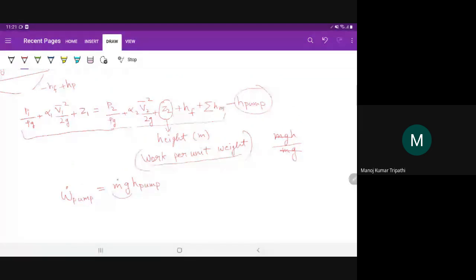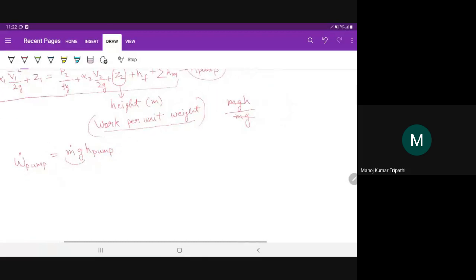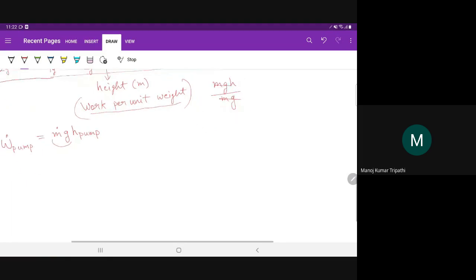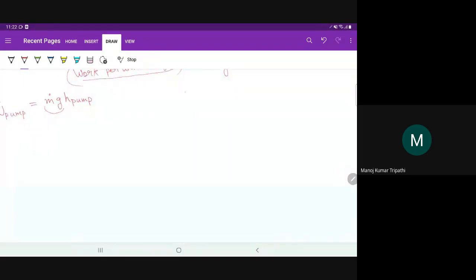Okay, and if we are talking about just the pump, if we don't consider the entire pipe, if we consider just the point at the inlet of the pump, which is also known as the suction side of the pump. This is the pump and this is the outlet. This is point 2.